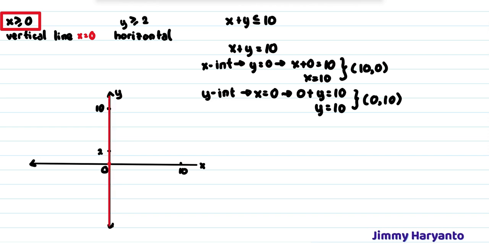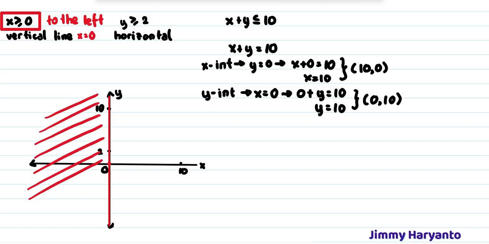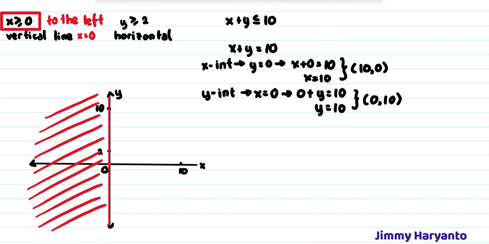And then for x, if it is greater than 0, you have to shade to the left. To the left every time. If it is less than 0, that means you have to shade to the right, because we want the unwanted region. Okay, let me shade it first. This is for x greater than or equal to 0.